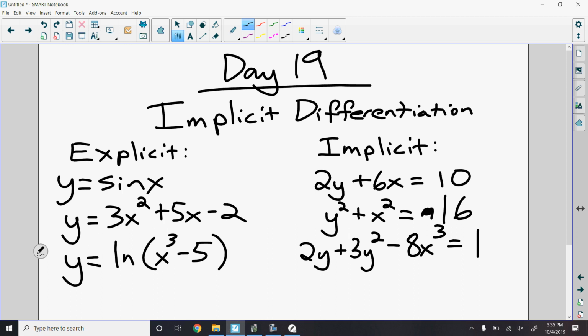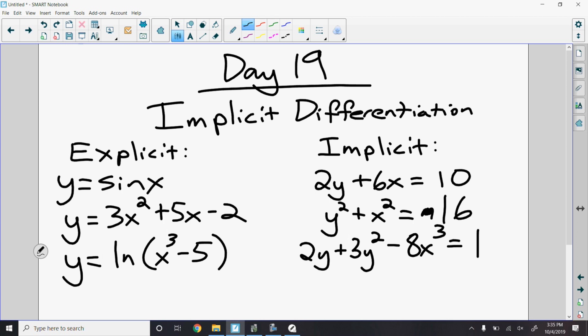Okay, so when we're talking about implicit, I'm going to resist the urge to use the word function, because oftentimes these things aren't functions. They're relations or curves. They could fail a vertical line test. But if you notice, y isn't explicitly solved for. It doesn't say y equals.